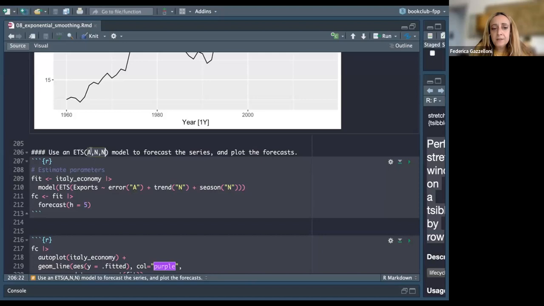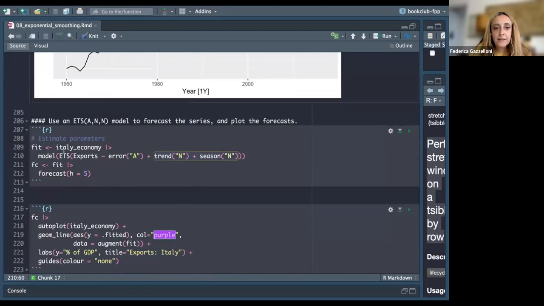So we take consideration just of the error, as A means additive. So we consider an additive error, and trend and season are null. Okay, so the very simple one that we saw last week.